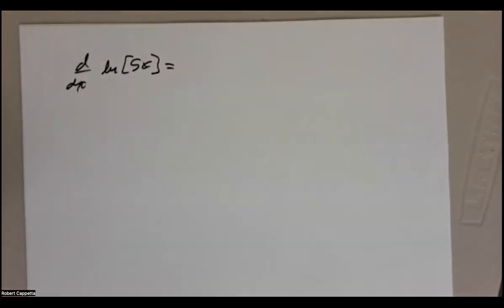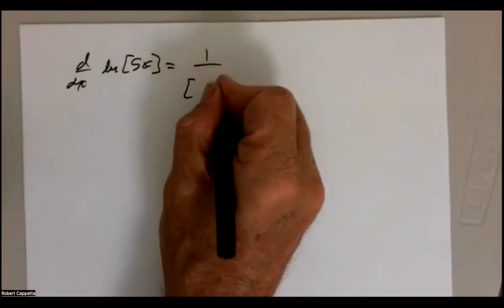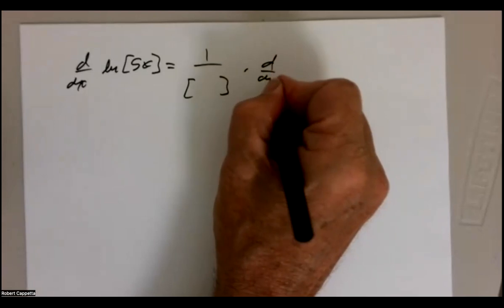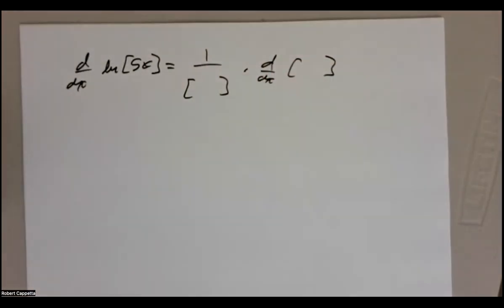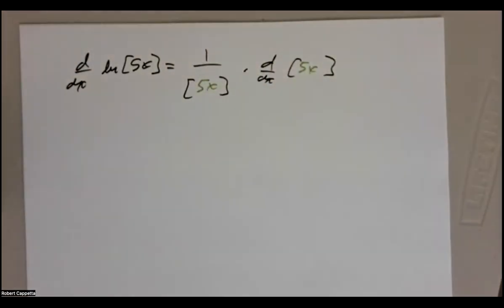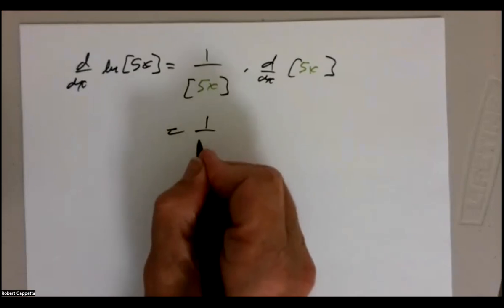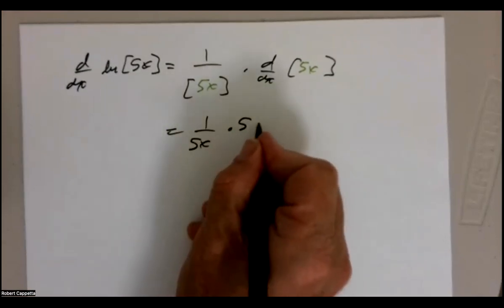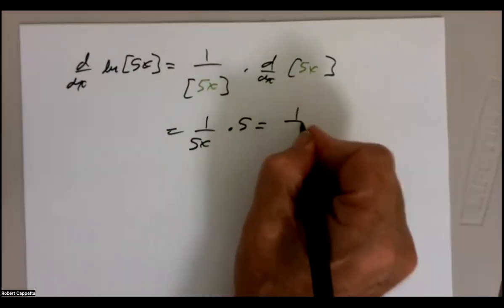The derivative of the log of something is 1 over the something times the derivative of the something. So the derivative of log of 5x is 1 over 5x times the derivative of 5x, which is 1 over 5x times 5, which is 1 over x.